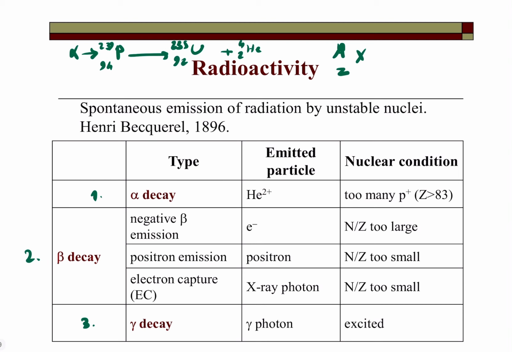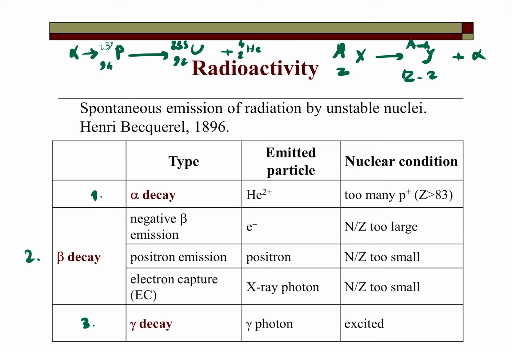In this case it converts to the Y element with R minus 4 and Z minus 2 plus an alpha particle, which is the helium nucleus. It's very easy, okay? I'm sorry, it's bad writing. Okay, 4 numbers decrease in the atomic mass and 2 numbers decrease in the atomic number.